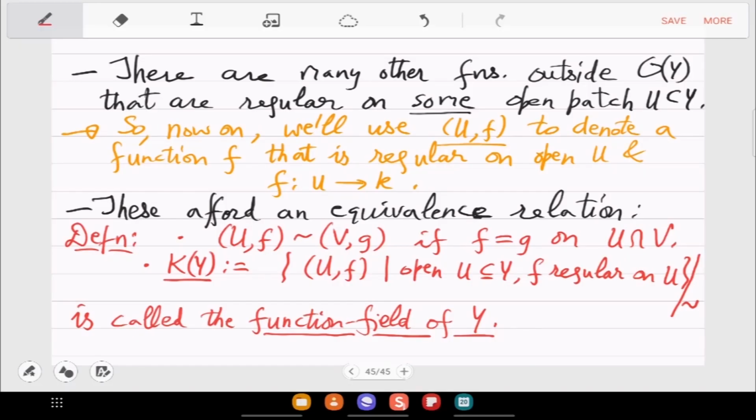So this is called the function field of Y. And the elements of KY are called rational functions on Y. So these are the true rational functions.